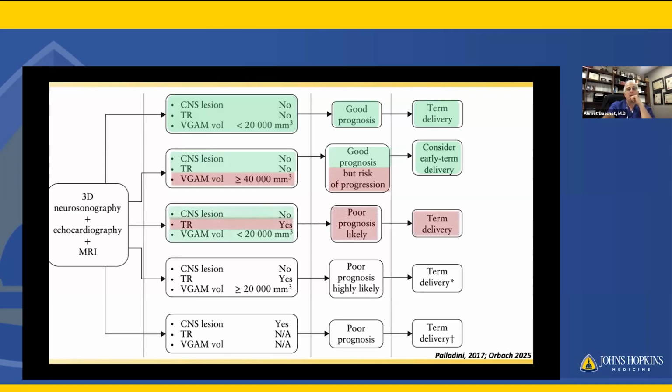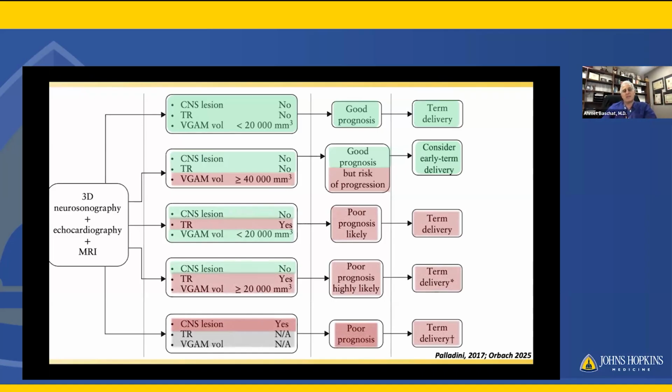Once you get tricuspid regurgitation, this correlates highly with pulmonary hypertension and is associated with poorer prognosis. And if on top of that, the vein of Galen is large in size, then a poor prognosis is highly likely. In the presence of CNS lesions, the prognosis is overall poor.